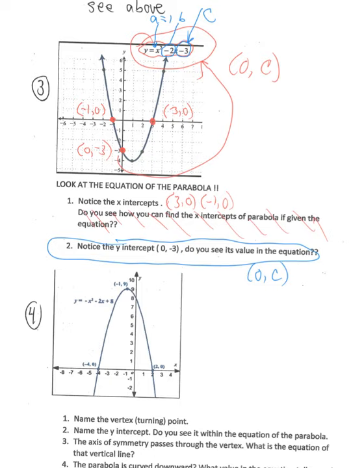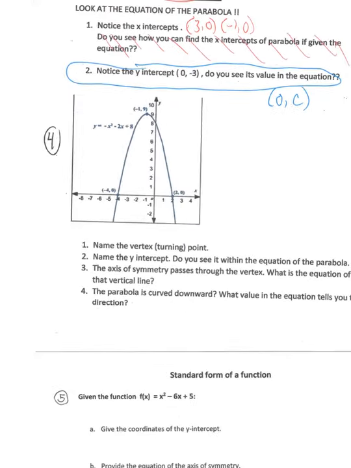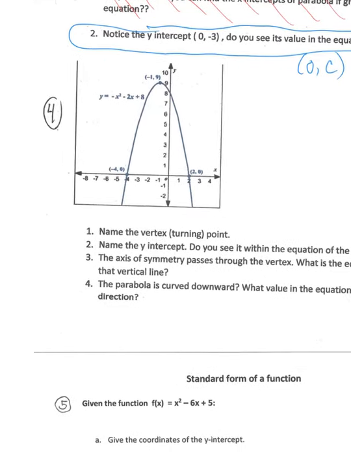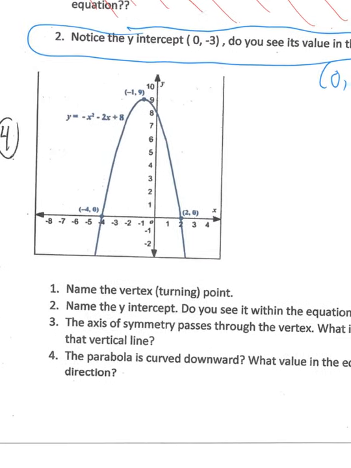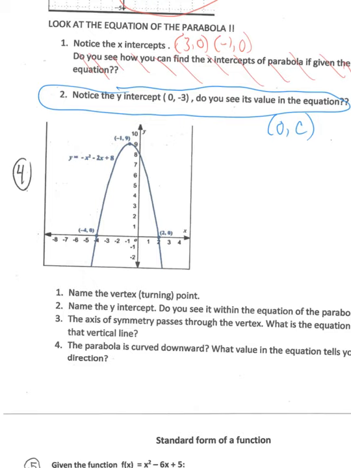One more review question before we have to look at graphing and finding all the stuff ourselves by hand. Again, these are all done for us, so we're just trying to find the information based on the picture. Once again, they did give us the equation.